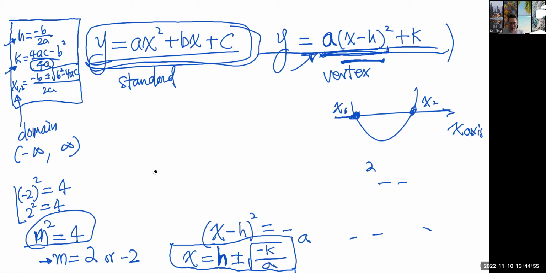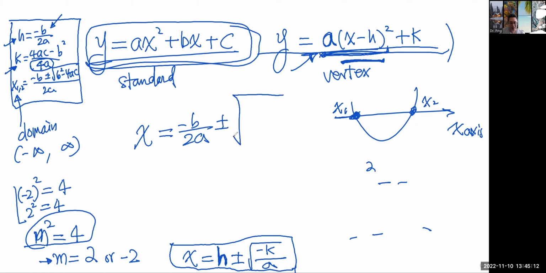So now we have x. What is our h? We know h is minus b over 2a, so we have that here, and plus or minus.